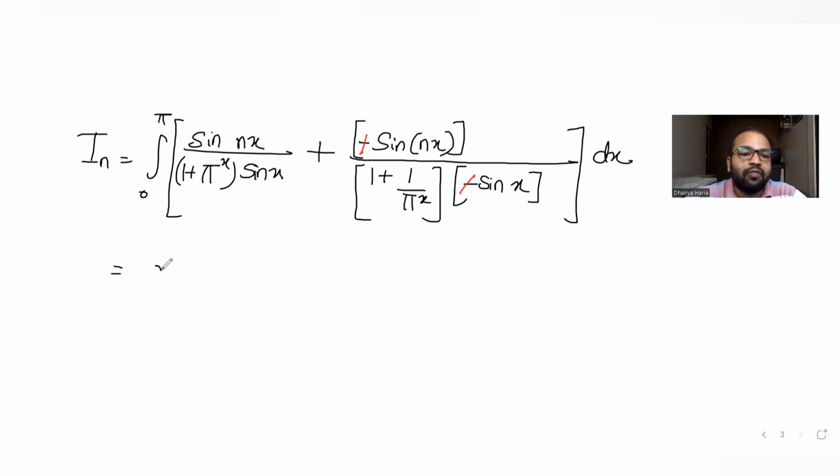Solving further, you get 0 to pi. You can see sine nx and sine x are common here.